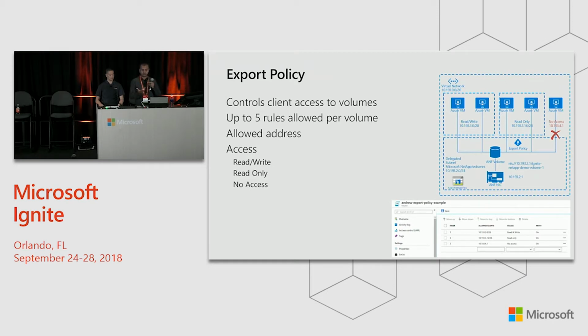As we enable multi-protocol on this service, you will have a choice of not just versions, but also other protocols you can control. So that's the intent of export policies. It's not a replacement for network security groups. It's something ONTAP has. We are using it now, and in the future, we'll also have NSGs on our delegated subnets.